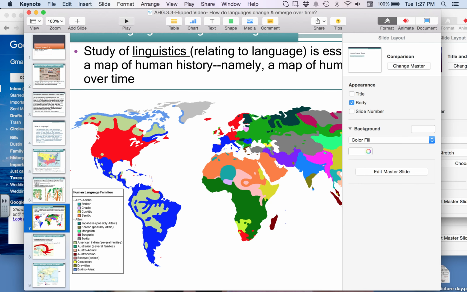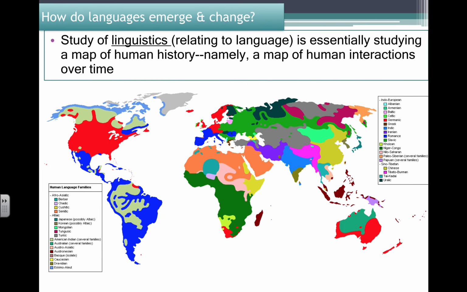So consequently, when we study linguistics, linguistics is anything related to language, right? When we study linguistics, we are essentially studying a map of human history, because if languages are the product of the isolation of people, or languages are the product of the interactions of people, then essentially when we look at the historical emergence of languages and those points of convergence and those points of divergence, we are doing nothing more than just mapping those human migrations over time and mapping these human interactions over time.